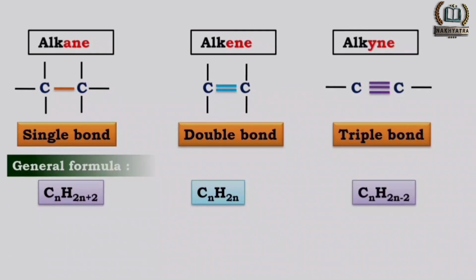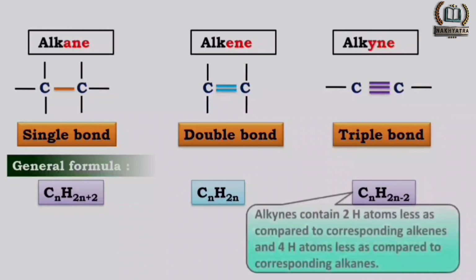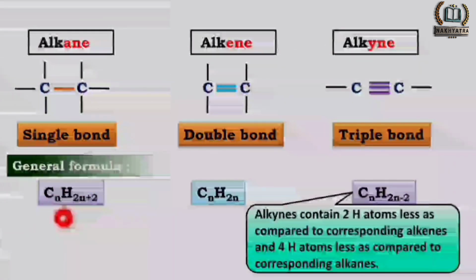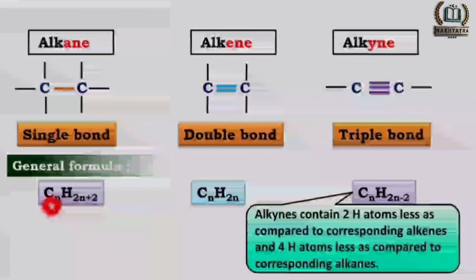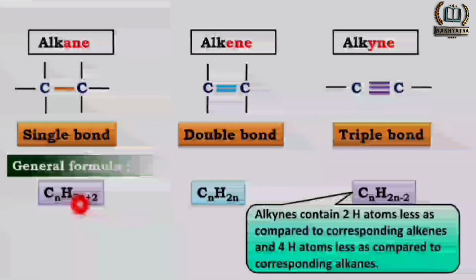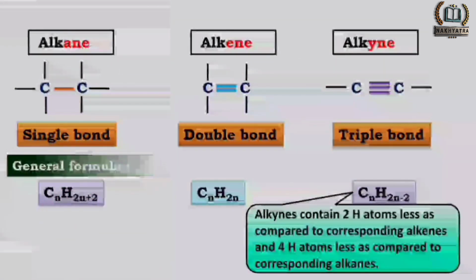And for alkyne, the formula is CnH2n-2. Alkynes have 2 hydrogen atoms less as compared to corresponding alkenes and 4 hydrogen atoms less as compared to corresponding alkanes. See here, this n means number of carbon atoms, and here this n means number of hydrogen atoms.